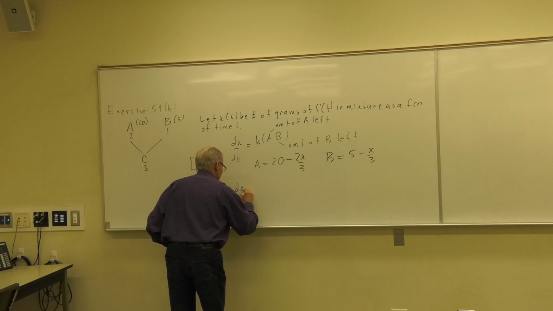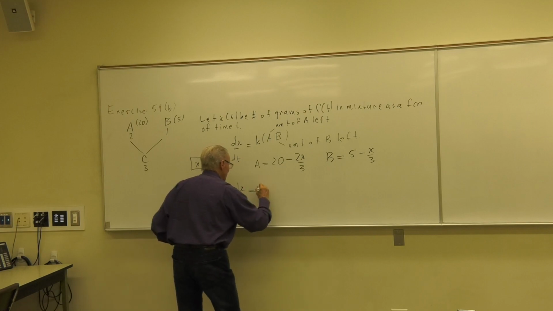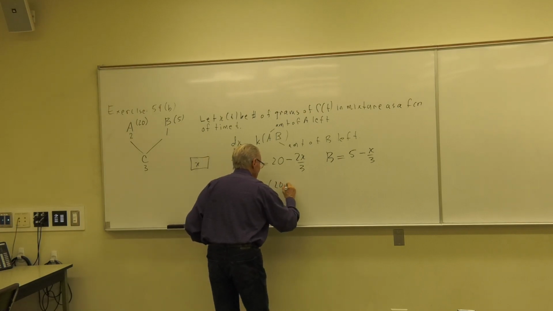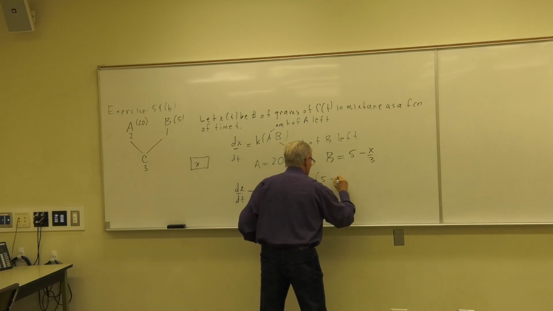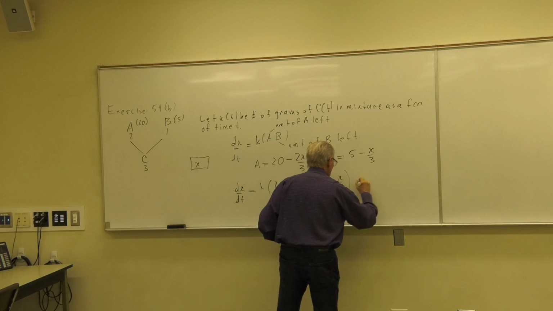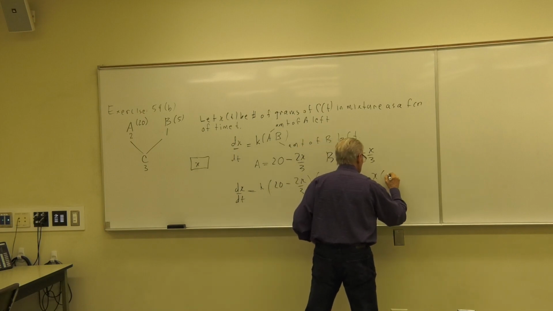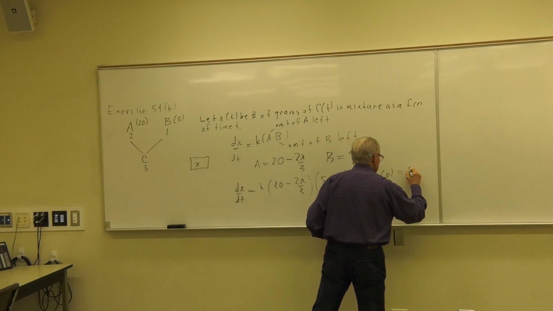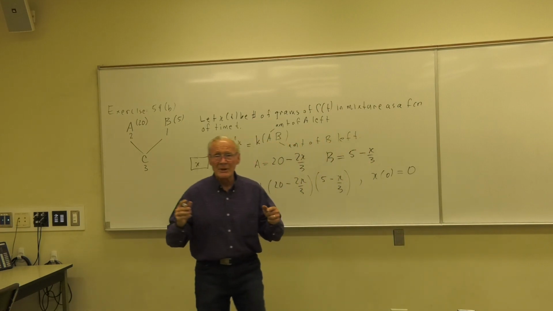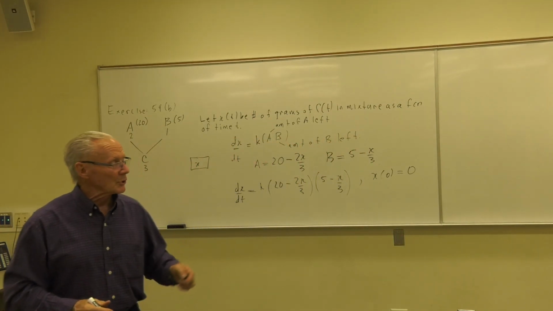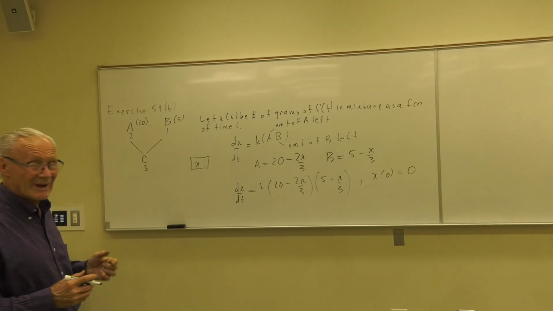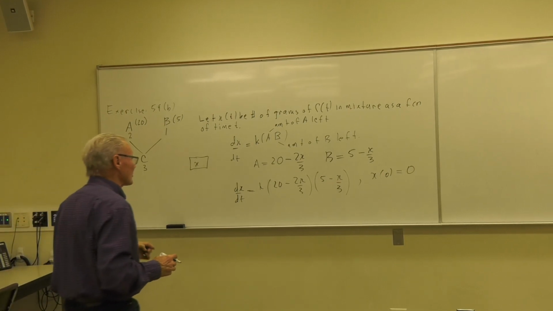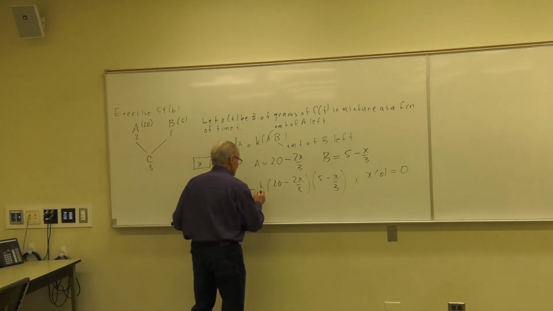So dx/dt now is equal to k(20 minus 2x over 3)(5 minus x over 3), along with the initial condition that we start our clocks when A and B are brought together. So again, we've got an initial value problem to solve for x, more difficult than the previous ones, as we're going to see.